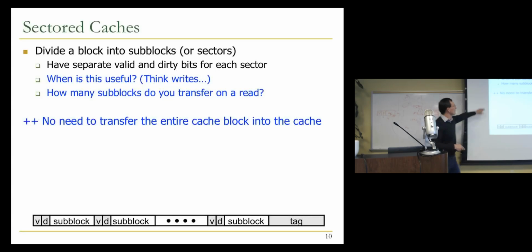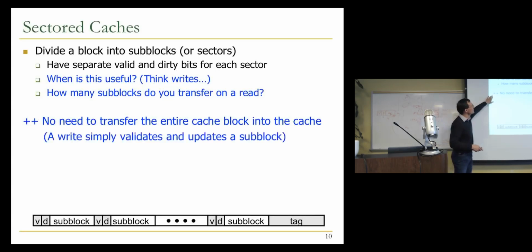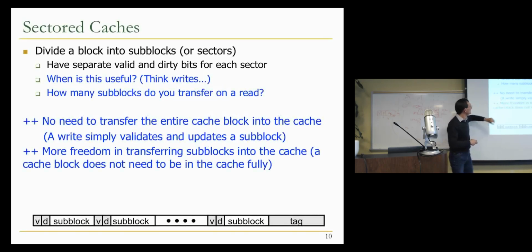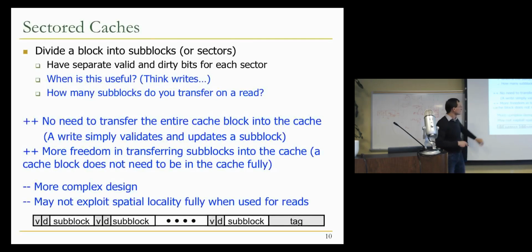Okay. Well, I guess we've discussed this. No need to transfer the entire cache block into the cache. A write simply validates and updates a subblock. There's more freedom in transferring subblocks into the cache. A cache block does not need to be in the cache fully, especially if you think it's not useful. But this leads to more complex design. And if you're not careful, it may not exploit spatial locality fully when used for reads.